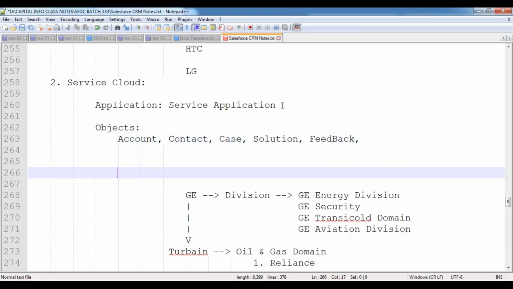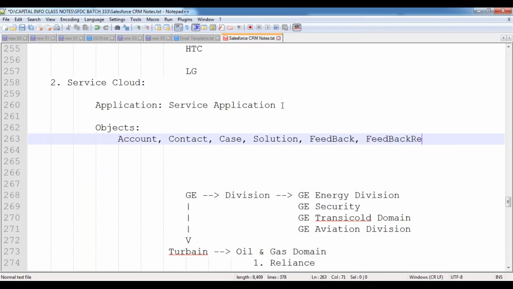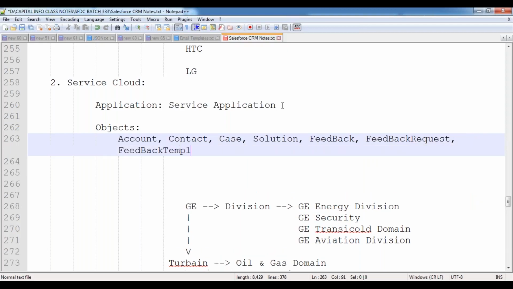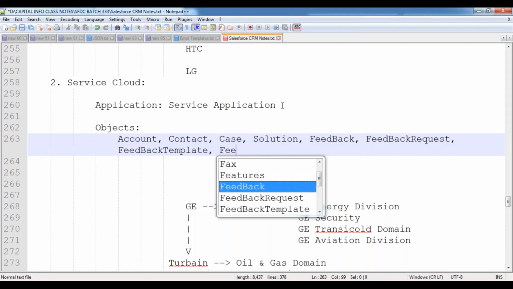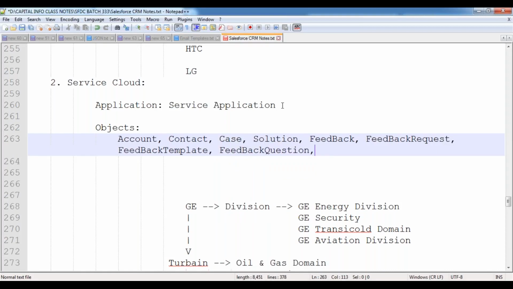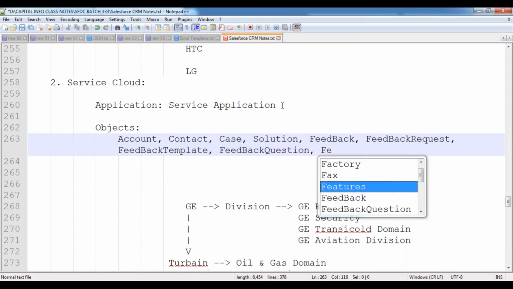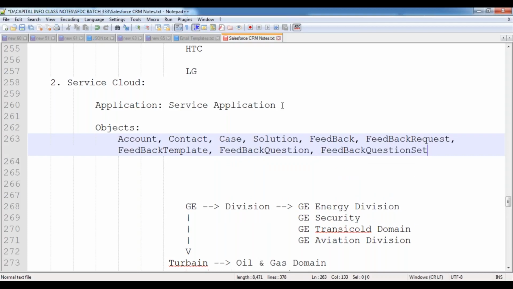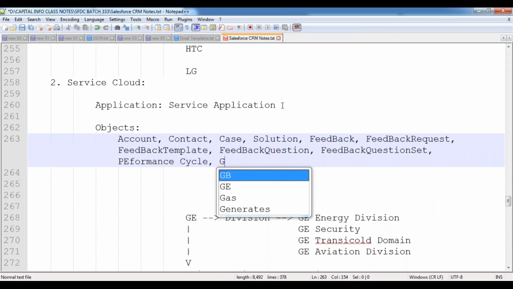Feedback, to collect the feedback. Feedback request. Feedback template. Feedback question. Feedback question set. And the performance cycle. Goal. Metric.